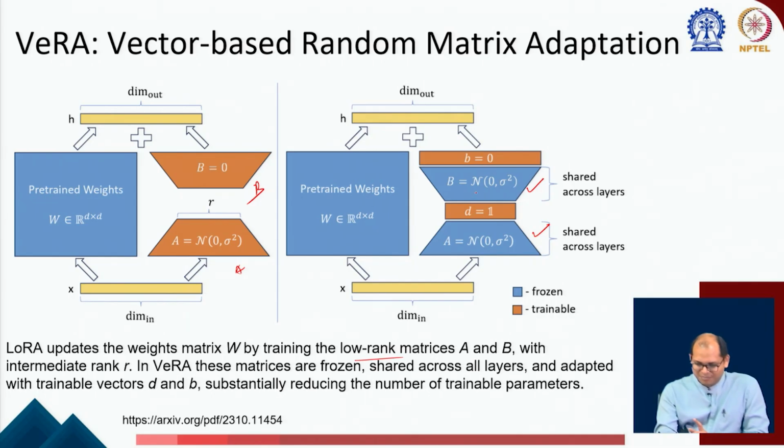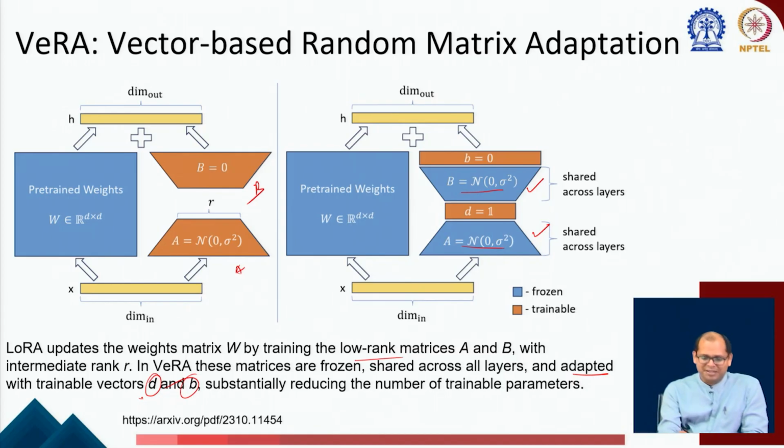So, they are not trainable, they are frozen, and you share them across layers. But what you learn is how to scale these across layers separately. So, you will have separate scaling across layers, right. So, you adapt them with trainable vectors D and B, and that will reduce the number of parameters.